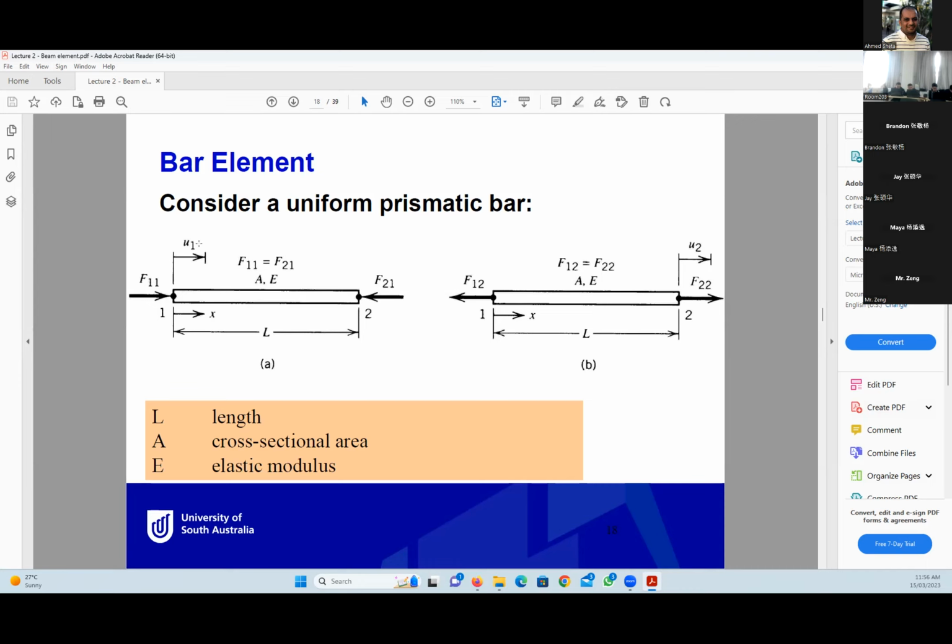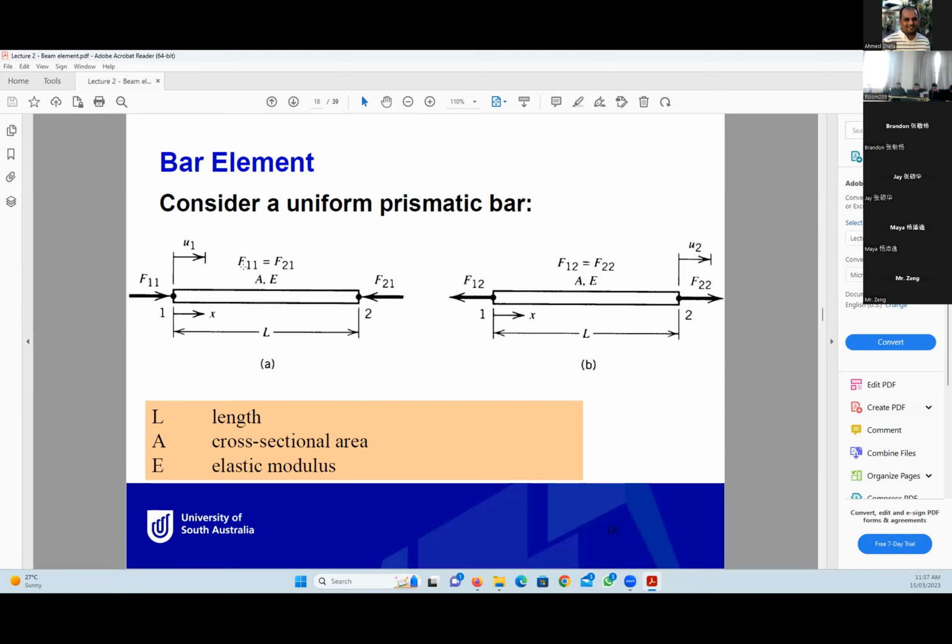That's case A, with U1 on top. The second case, case B, is the same element, where we have F12 and F22 due to U2. So U2 will cause F12, meaning the force at node 1 due to deformation at node 2. F22 means the force at node 2 due to the deformation U2. Okay?